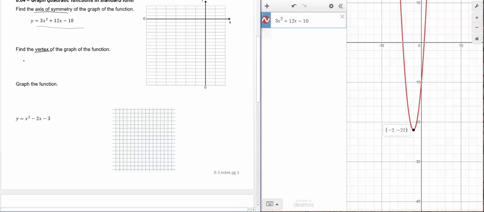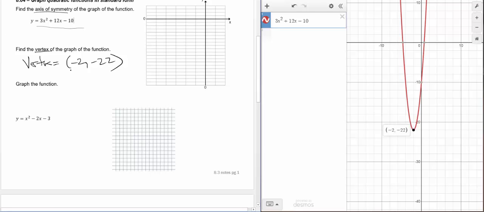So the vertex is the point -2, -22. The axis of symmetry goes directly through that point. It's a vertical line that goes directly through this point. Vertical lines are x equations. So the axis of symmetry is actually the equation x equals whatever the x-coordinate of this vertex is.